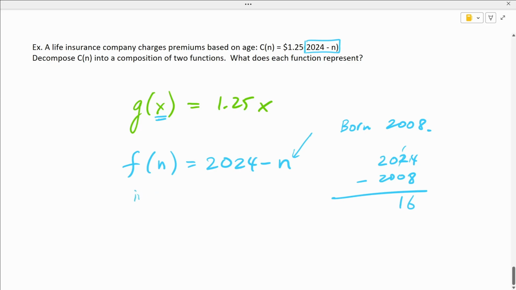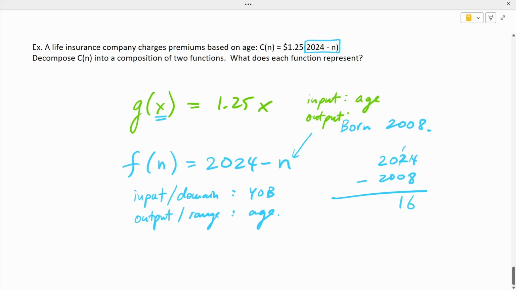So the input here, the domain, is year of birth. And then the output, the range, is their age. And then this green function, well, the input would be the age, and the output would be the premium cost. In other words, somebody who's just 1 year old would cost $1.25, and somebody who's 100 years old would cost $125.